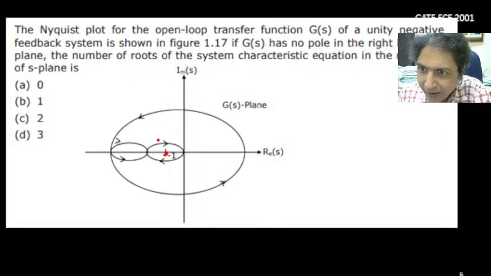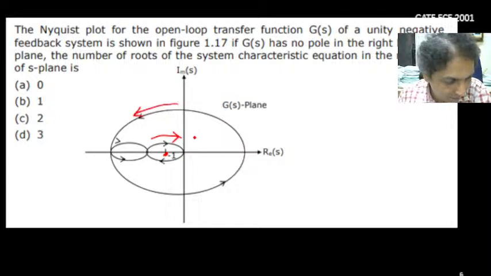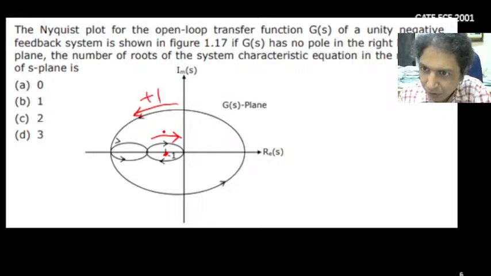You can see that one time it is in a clockwise manner and another time it is in an anti-clockwise manner. So the total number of rotations: for anti-clockwise it is +1, for clockwise it is -1. So the total N will be +1 and -1, equals 0.